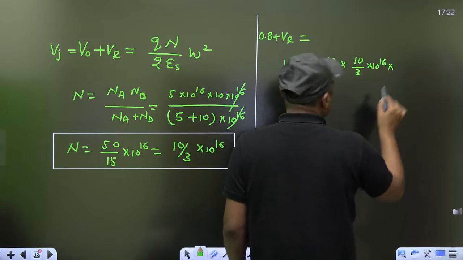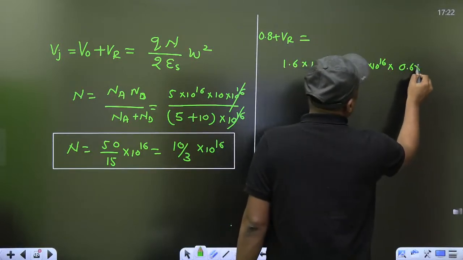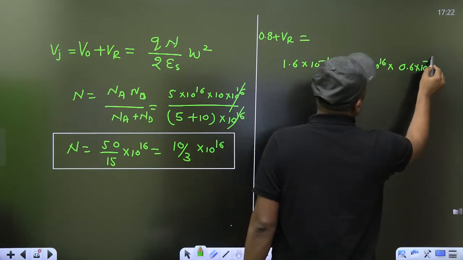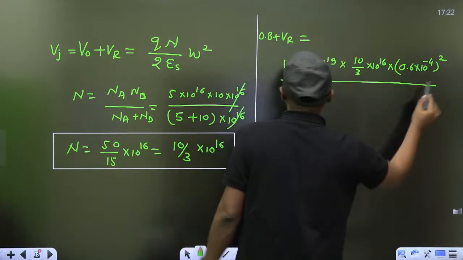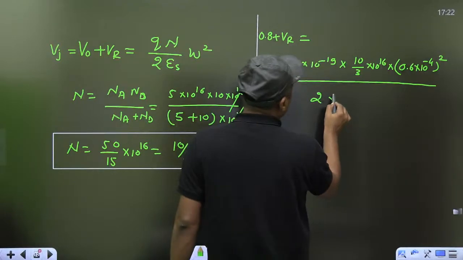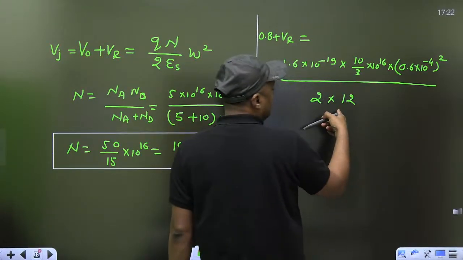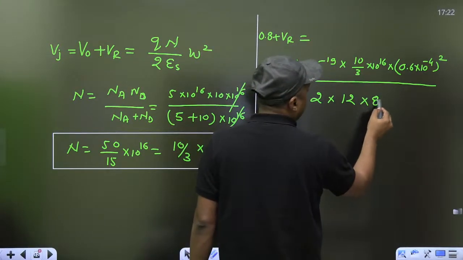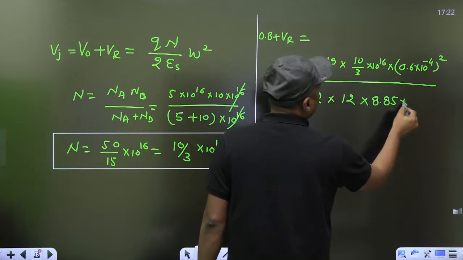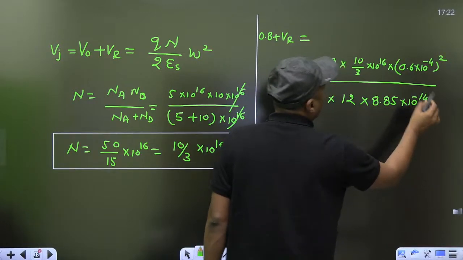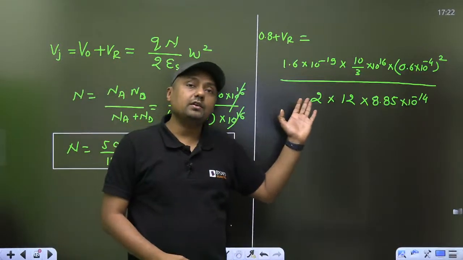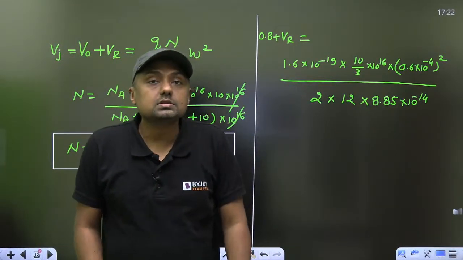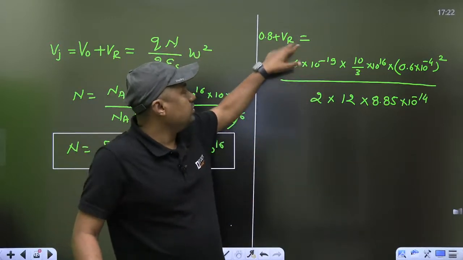W square is 0.6 into 10 raised to power minus 4, squared, upon 2 into 12, the relative permittivity of the semiconductor, into 8.85 into 10 raised to power minus 14 farad per centimeter. You have to convert it. And then, guys, you can find the value of VR.